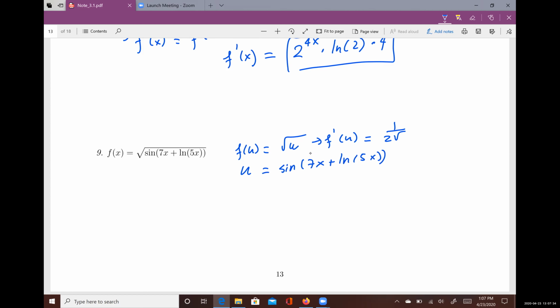So now, can you find the derivative of f of u? 1 over 2 square root of u. And what is u prime? What is the derivative of u in terms of x? If you look at this u function here, it is another composite function, so we have to use chain rule again. In order to use chain rule, you have to identify the outer function, f of u for this one.